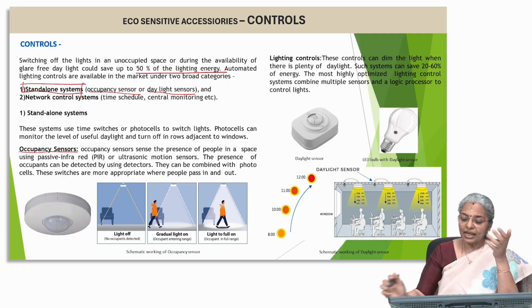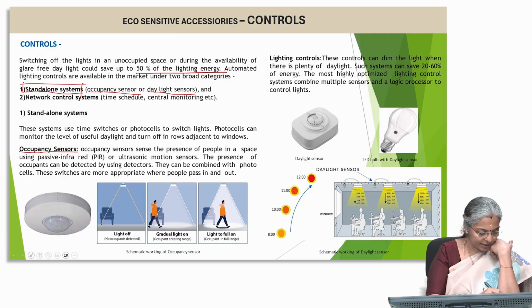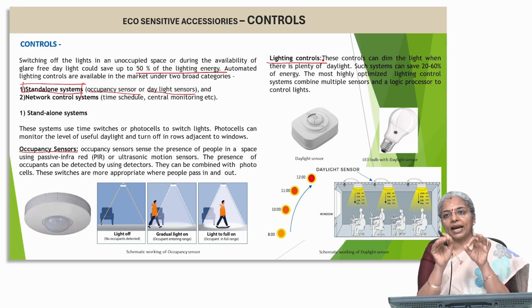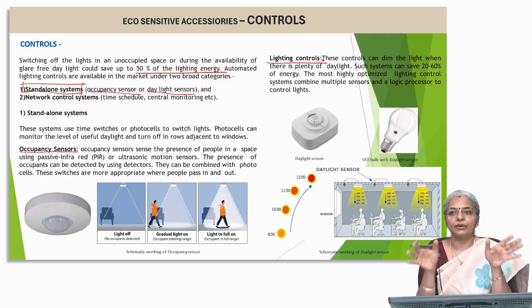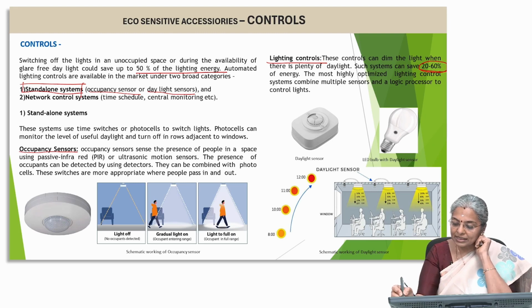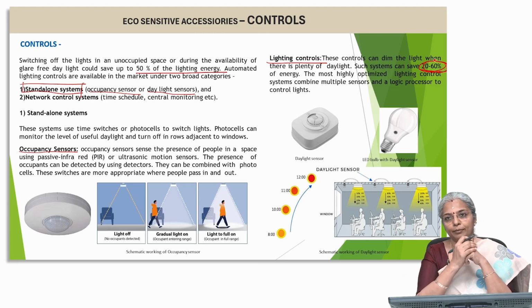Then, these lighting controls can dim the light when there is plenty of daylight. Such a system can save 20 to 60% of energy.